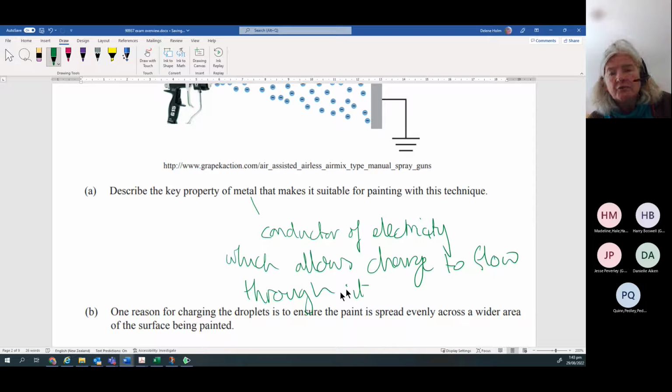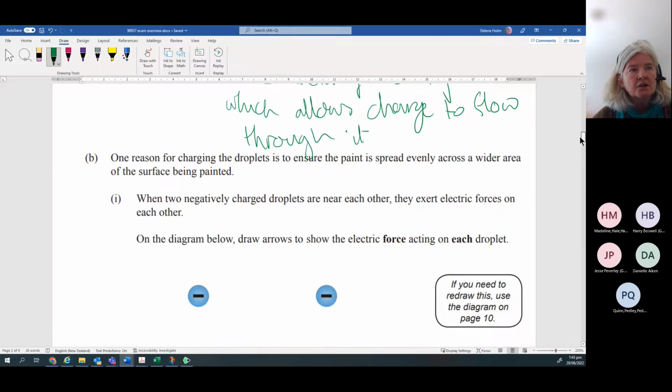Okay, now one reason for charging the droplets is to ensure that the paint is evenly spread. So they scaffold the answer by giving you steps. So this is part 1. And they're saying, what happens when I have two negatively charged droplets. So you can either show something like that, or you can have the arrows on that side.